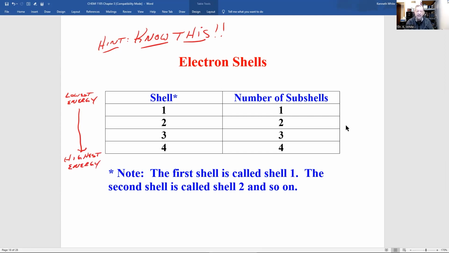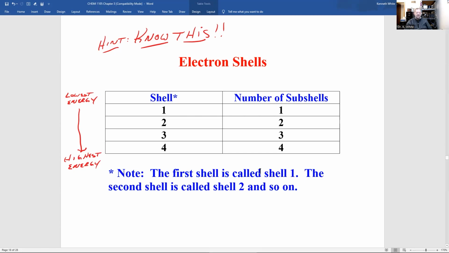The electrons in different shells have different energy. And shell 1 is the lowest. And when you go down the table, the energy of the electrons in that shell increases. And shell 4 is the highest energy on that table.